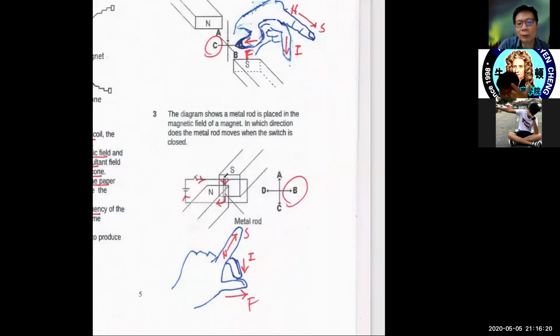So the current follows this direction inside the magnetic field. It's going down, so this finger is down. Your hand, these three fingers lock it. When this finger follows this direction and current goes down, you will notice your thumb points to the right side. Follow this diagram, so the answer is B. Okay.